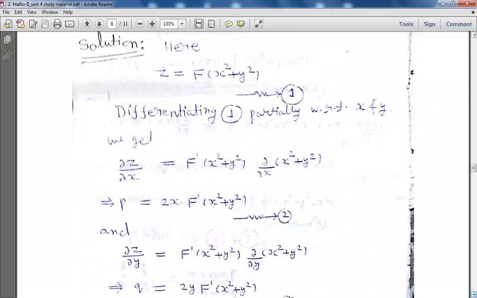Differentiating 1 partially with respect to x and y, we get del z by del x equal to, we first partially differentiate f dash of x squared plus y squared, then x squared plus y squared partially with respect to x. The result is p equal to 2x f dash of x squared plus y squared, equation number 2.